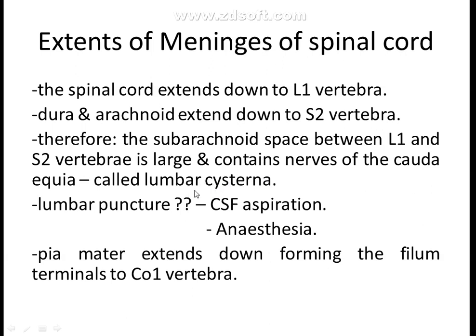And in this region, you can introduce a needle in between the vertebrae below L1, in this large subarachnoid space, to get aspiration of some of the CSF. For example, to use this cerebrospinal fluid for clinical examination to diagnose a clinical condition.